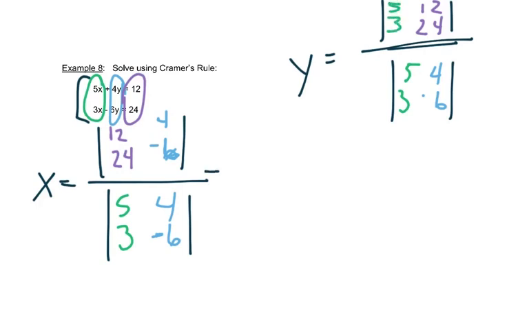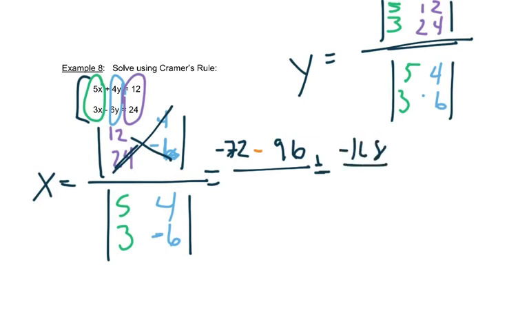Okay? So if we finish the x's, we would take 12 times -6, which is -72, minus 4 times 24, which is 96, and -72 minus 96 is -168.